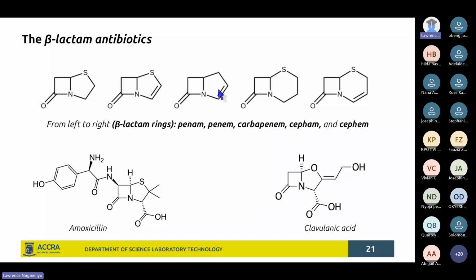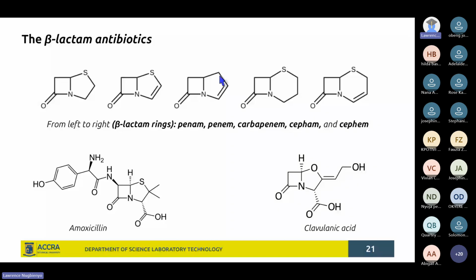And then the next one, you have a carbapenem. Why a carbapenem? You see, the penam and the penem have sulfur there. In place of that sulfur, you have carbon. That's why it's called a carbapenem. So it's just like the penem, but the sulfur is replaced with carbon.